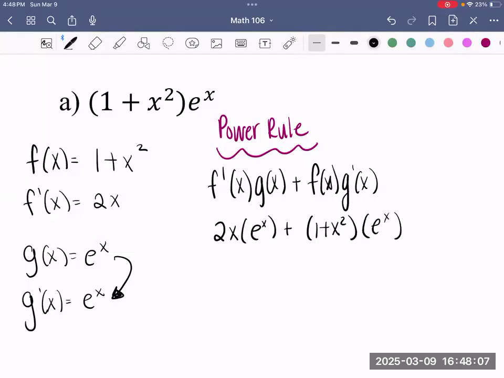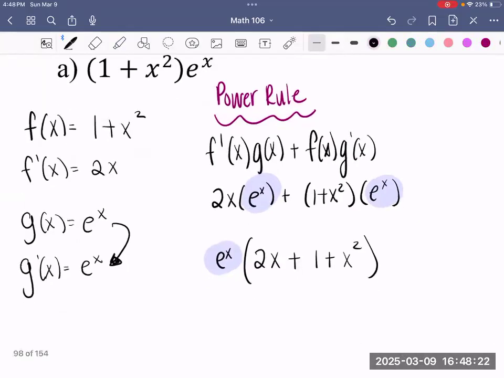Now, you're going to be asked to simplify. So can you highlight something that they have in common? Well, they have your e to the x in common. So let's go ahead and take that out. You're left with 2x plus 1 plus x squared. So let me arrange that: x squared plus 2x plus 1.